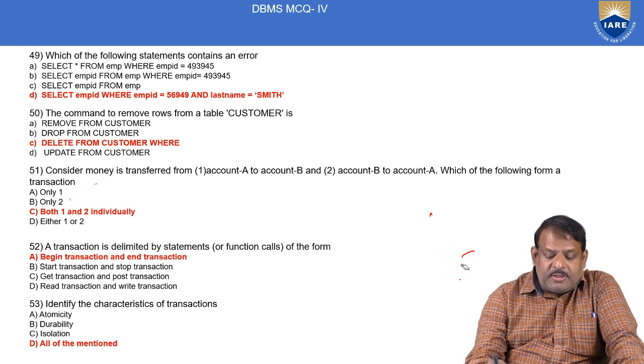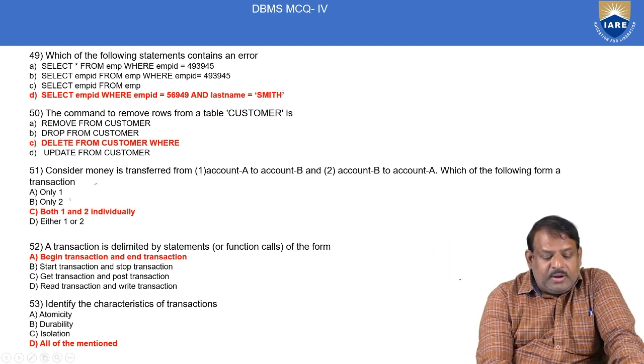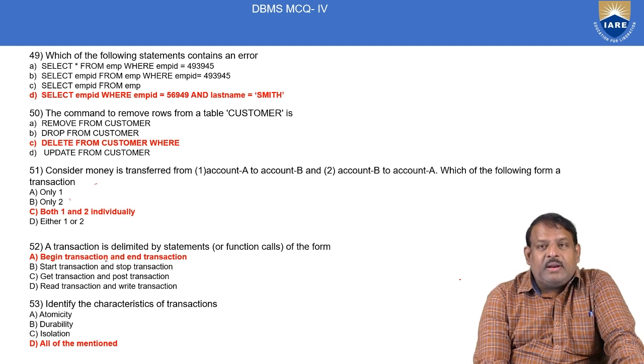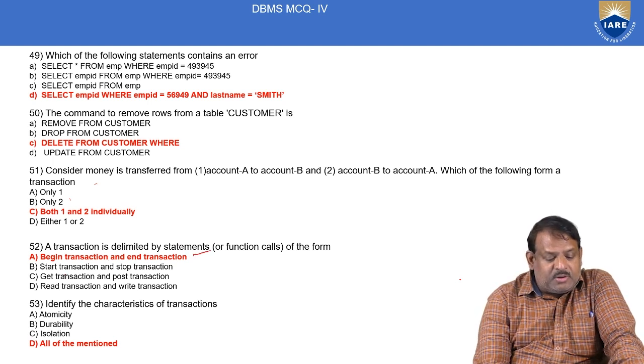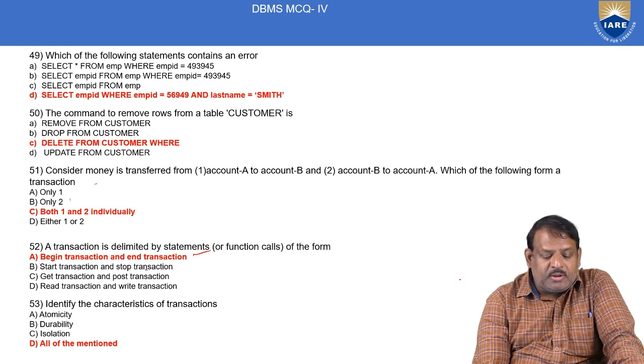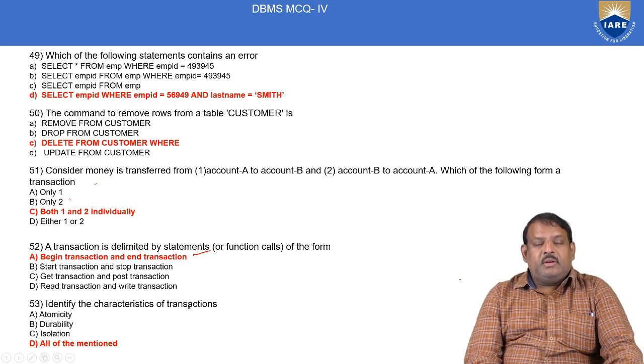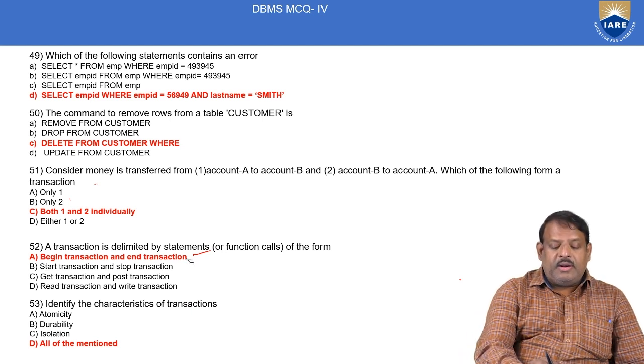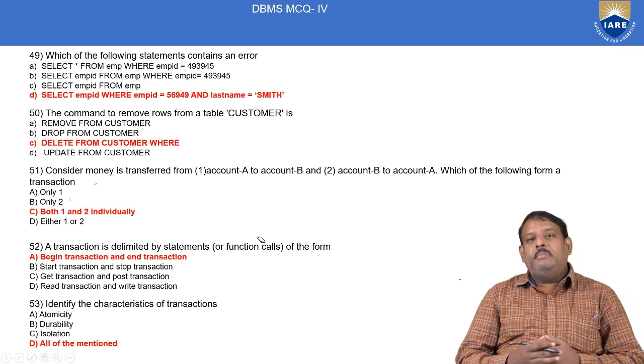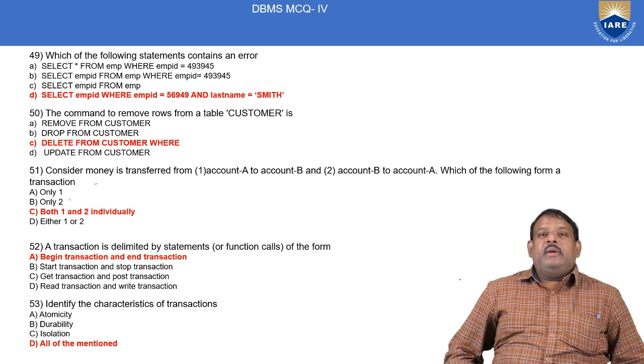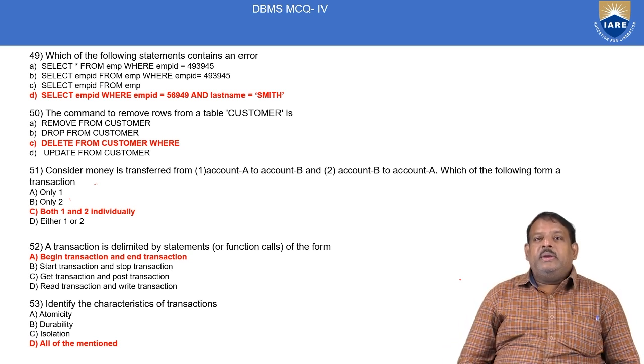So the right answer is BEGIN TRANSACTION and END TRANSACTION. It is not start and stop transaction, get transaction and post transaction, or read transaction and write transaction. These are all invalid. This is our 51st question answer.